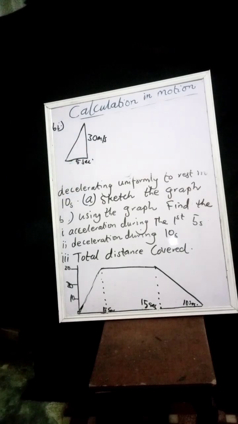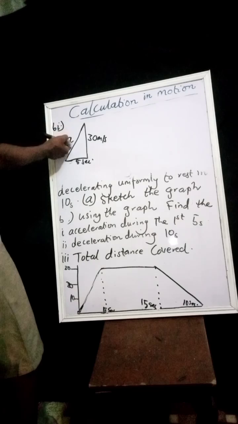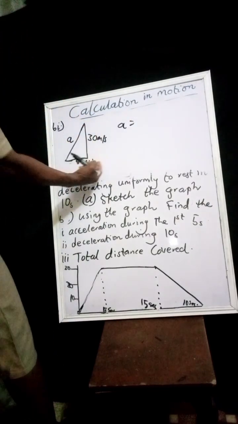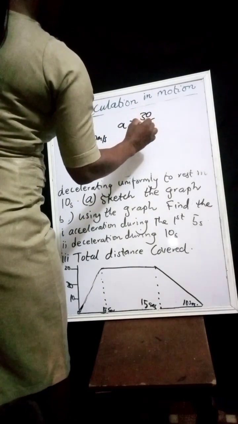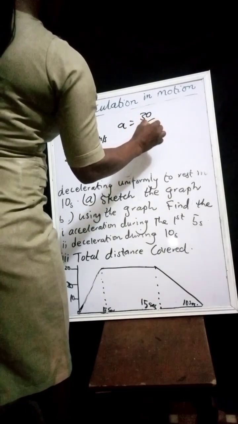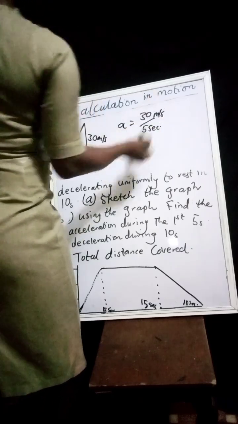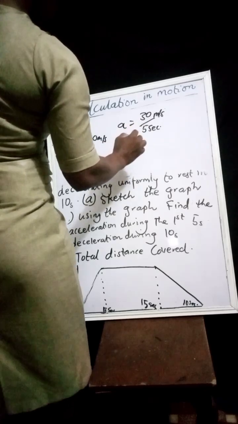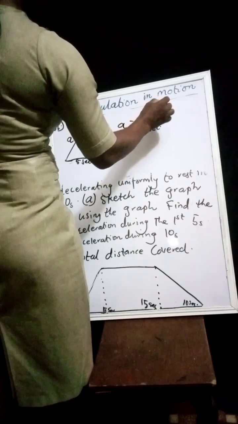So the acceleration a is equal to here divided by here. So we have 30 divided by 5 seconds. Remember that this is meters per second. So 30 divided by 5 is what?